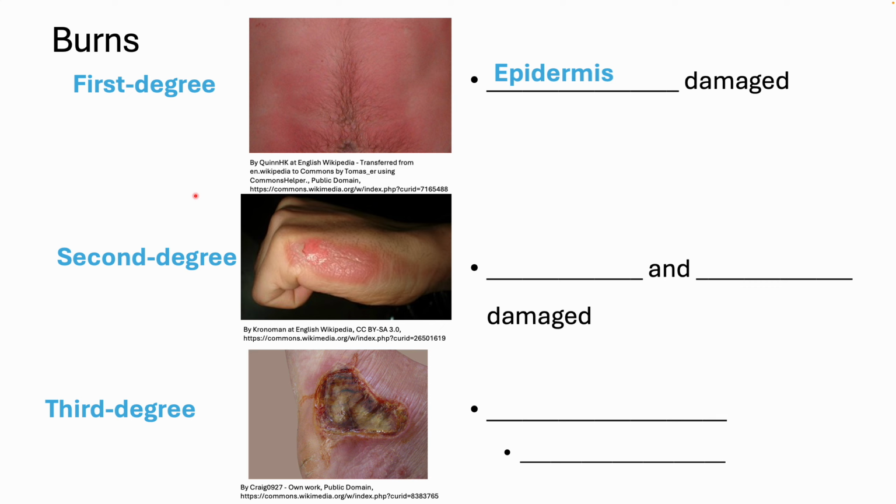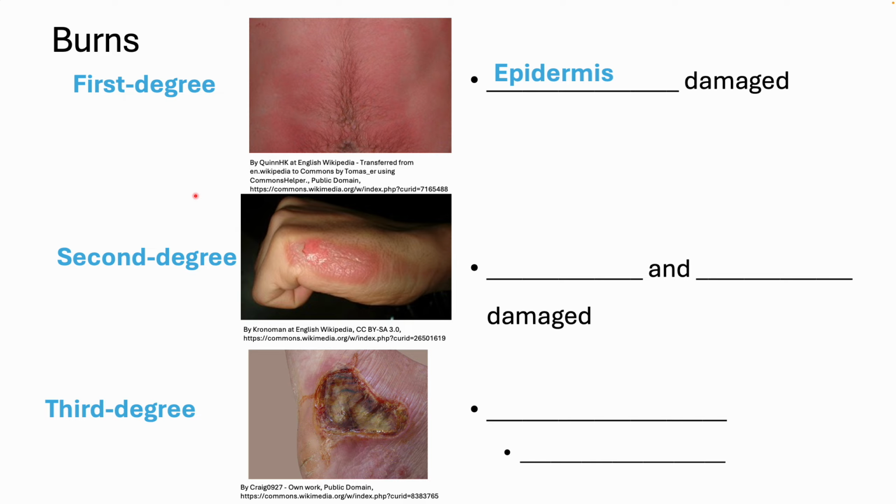Anybody that's had a sunburn will be familiar with that pain. Repeated sunburns over time can increase your risk of skin cancer as well. So that is another reason why first degree burns are not beneficial.